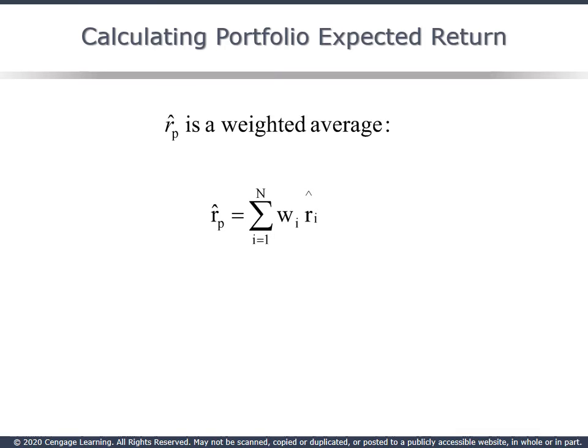The weights represent how much money we have invested in each one of the individual assets in comparison to the total portfolio value. So, in other words, each weight is a ratio. It's a proportion of the total portfolio value that's invested in each one of the assets making up that portfolio.